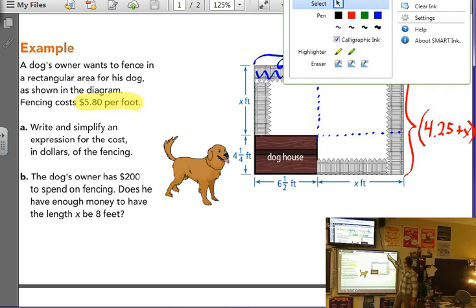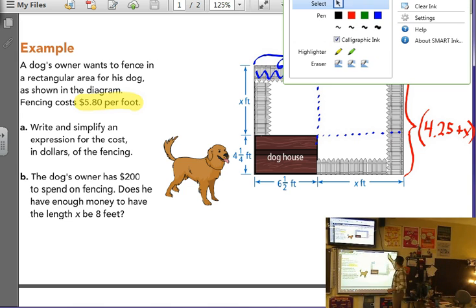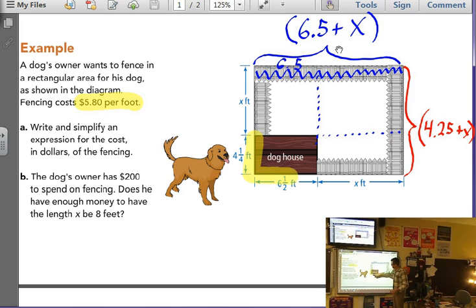Is the fence covering the doghouse too? No. So guys, this section and this section do not need fence, because the doghouse blocks the yard. It's a big old doghouse, like Dog Mansion. But everything else needs fence.